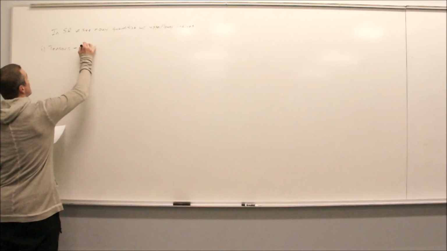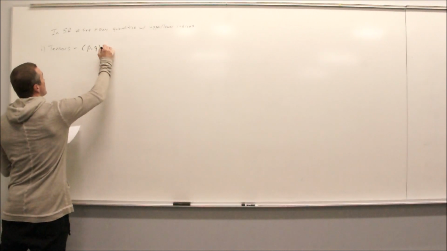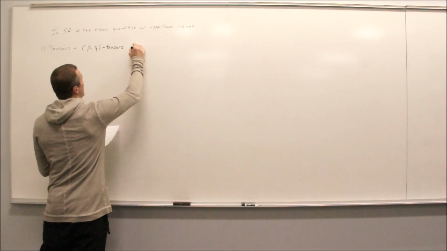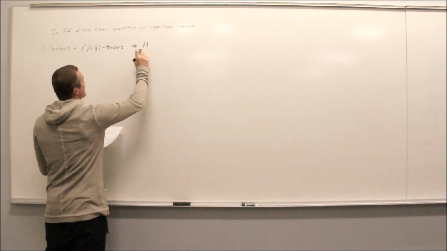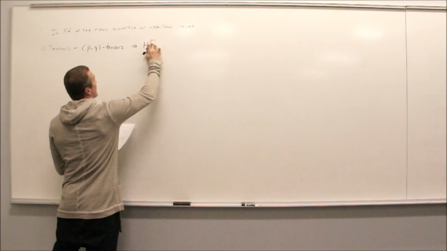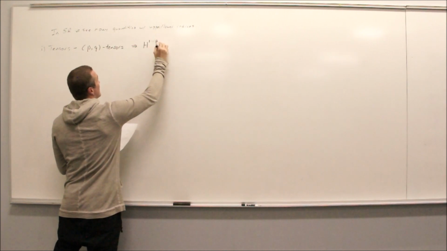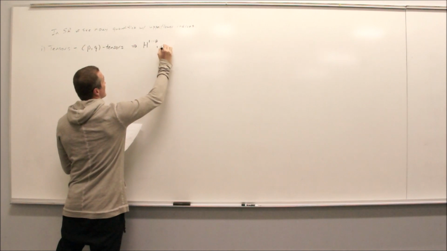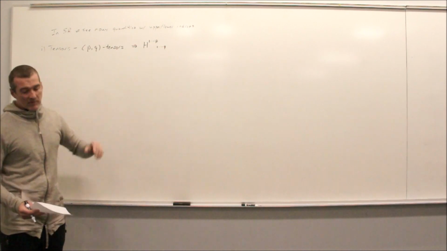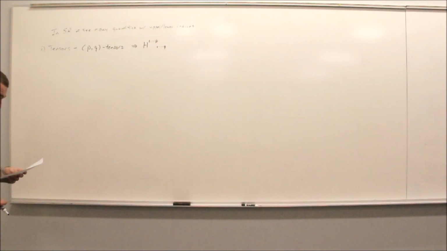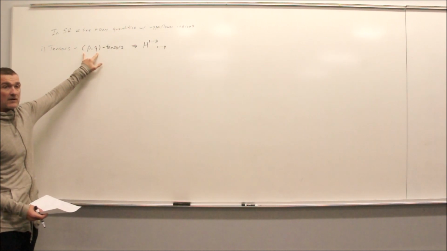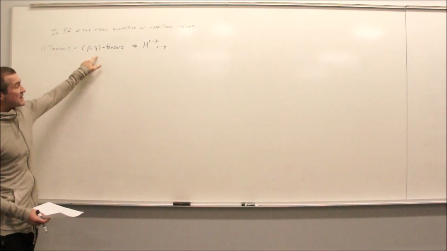First of all, our tensors will be (P,Q) tensors, meaning that a (P,Q) tensor has P upper indices, 1 through P, and then Q lower indices, 1 through Q. These don't have to be in a row. They can be all mixed up. When I write a tensor and label it with a set of parentheses and 2 numbers, that's just telling you how many high indices and how many low indices it has.